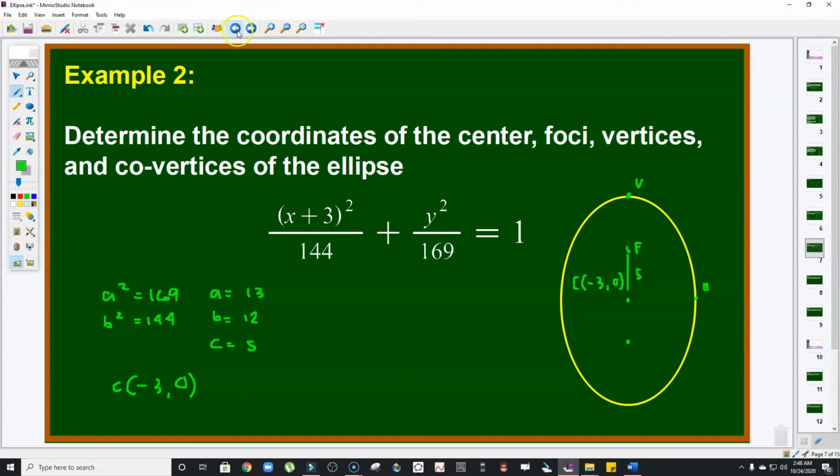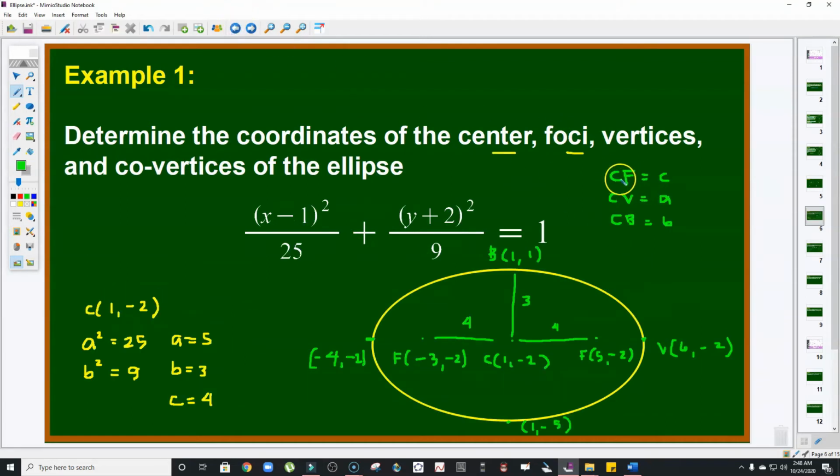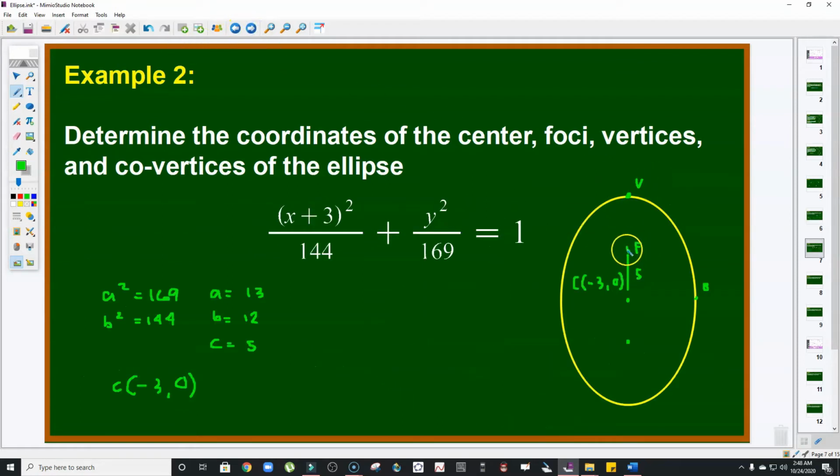Take note, let's go back, the distance from the center to the focus is c. So, this is 5 units, as shown. See that? Okay, so therefore, I'll add 5 to y, or to k, and the abscissa does not change. So, 0 plus 5, that's 5. Right? Similarly, for the second focus, again, x does not change, 0 minus 5, that's -5.